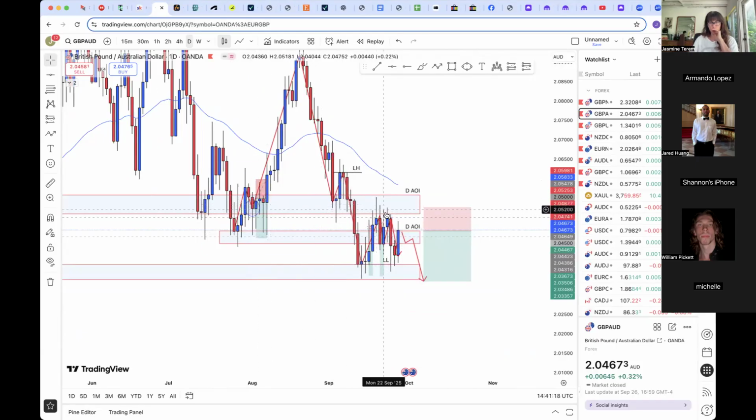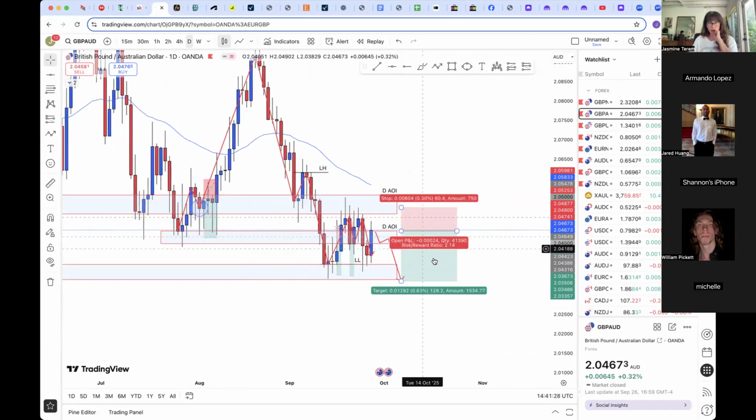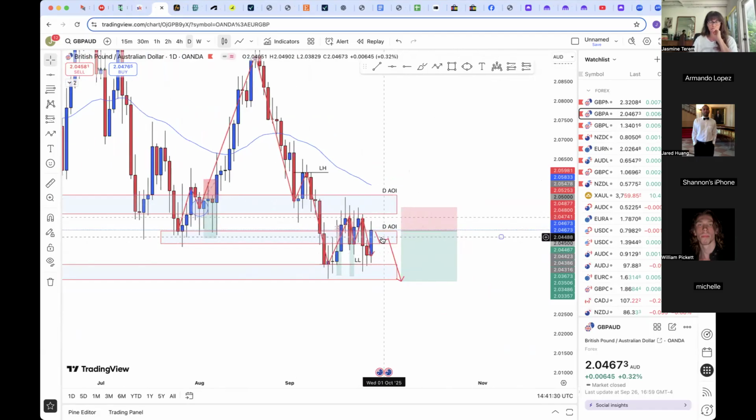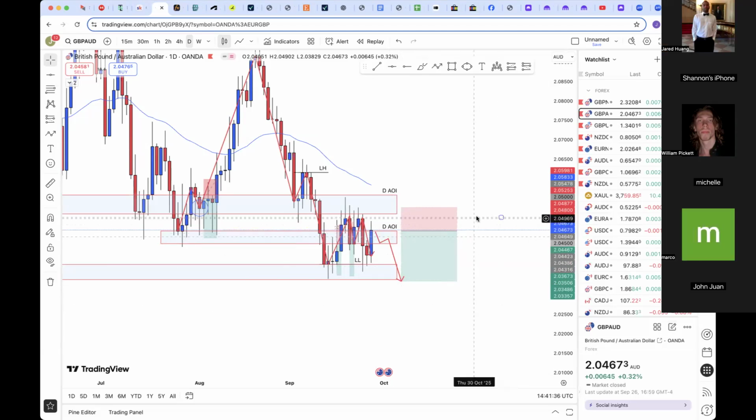You're wicked right into it and wicked again into it twice this week. And because it's forming a double top here, that's why I'm waiting for the break and retest of this area of interest, and we have a round psychological level to then sell. If that makes sense to you, John.